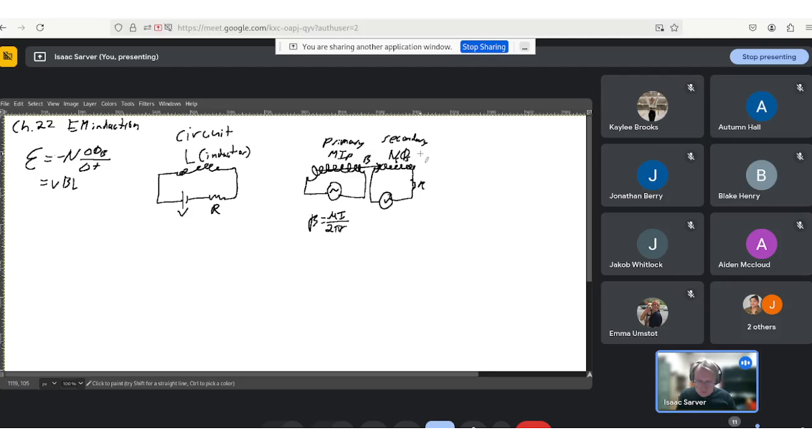By Faraday's law, because I've got an AC circuit here, I've got an AC power source, my B field is going to be changing a lot. So that means that my electromotive force in the secondary is equal to minus N of the secondary, changes in the magnetic flux in the secondary divided by my change in time.